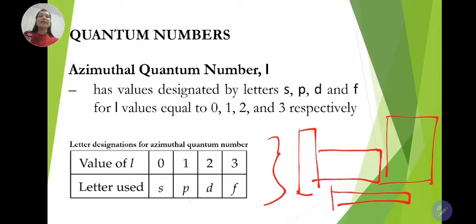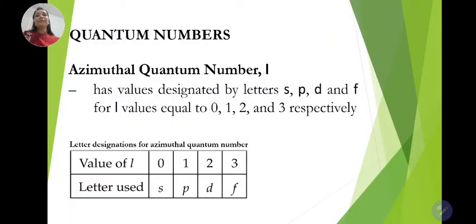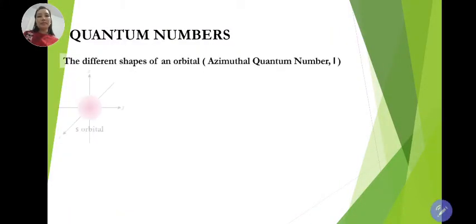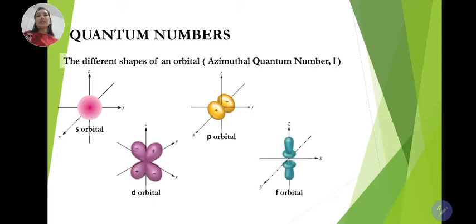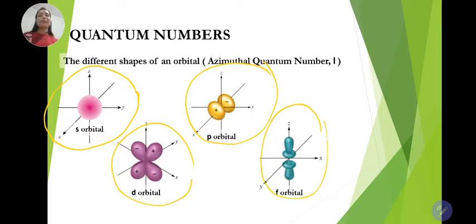Okay, so mamaya i-discuss natin. So these are the different shapes of an orbital. We have the S orbital. This is the shape of our S orbital. We have this P orbital, and then the D orbital and the F orbital. Okay?